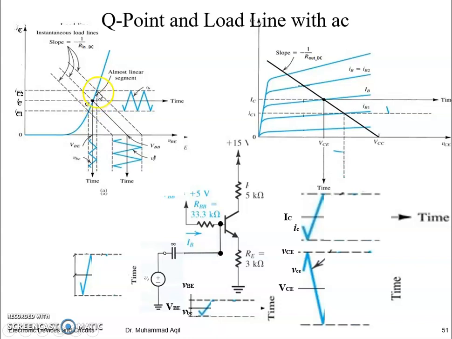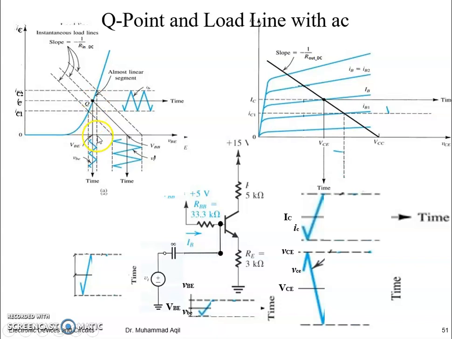So from above it will be pushing the Q point to the right side of VBE, and because of the movement of this VBE, because of this characteristics curve and the movement of this DC load line, the intersection is becoming this.